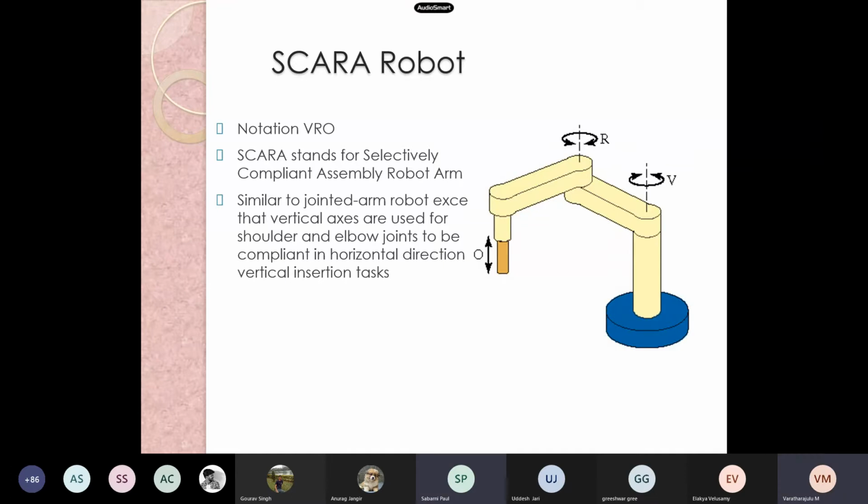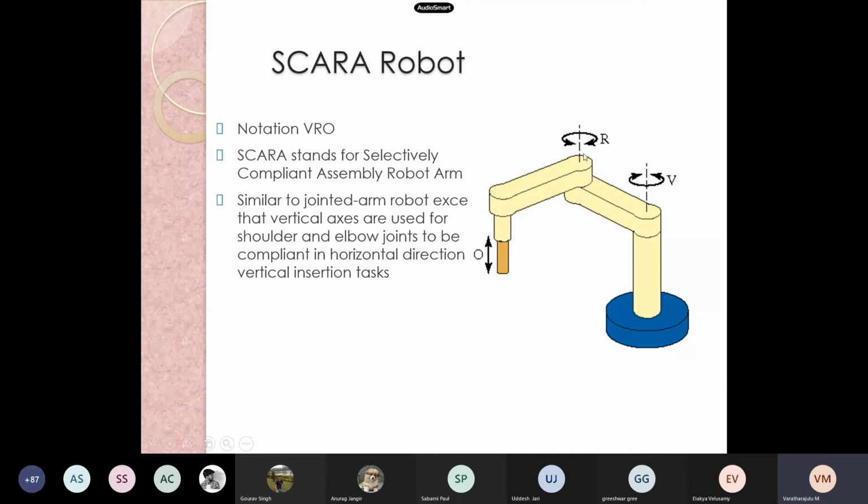Here the axis of the input link is parallel to the axis of the rotation of the joint. In the case of revolving joint, the axis of the input link is parallel to the axis of rotation of the joint, and the axis of the output link is perpendicular. Here see, the axis of this joint is perpendicular to the axis of this joint.